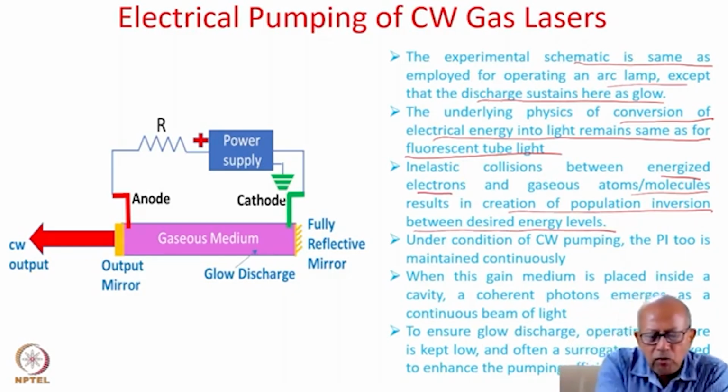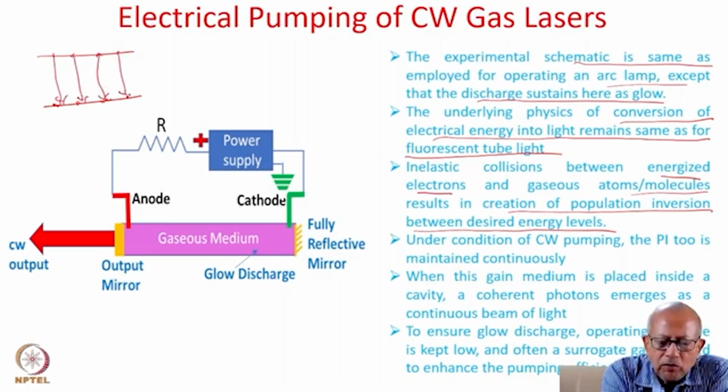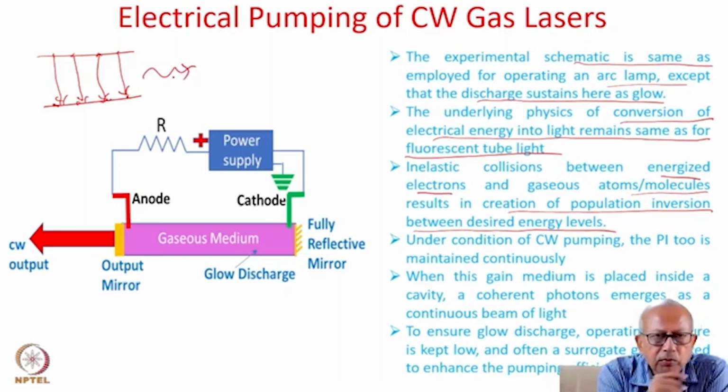In the case of a fluorescent tube, you just excite some of the ground state atoms to the excited state. You need not attain population inversion because spontaneous emission will automatically occur and it doesn't require a population inverted state, and so light will be produced in the case of a fluorescent tube.